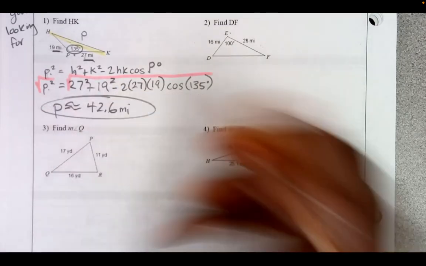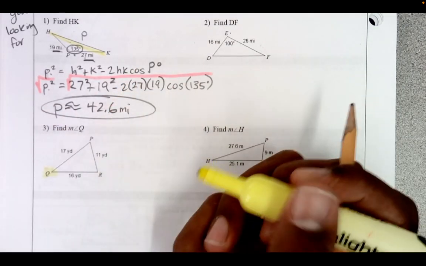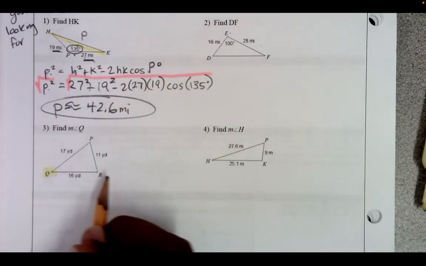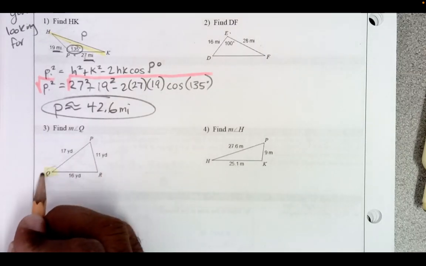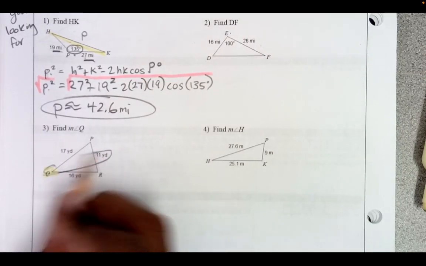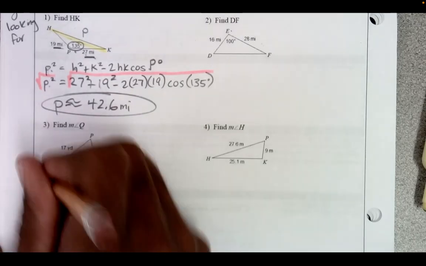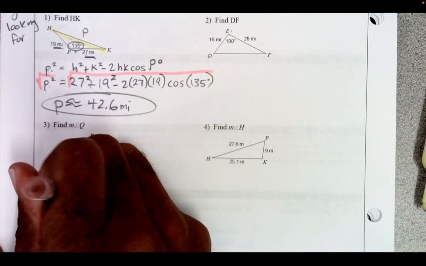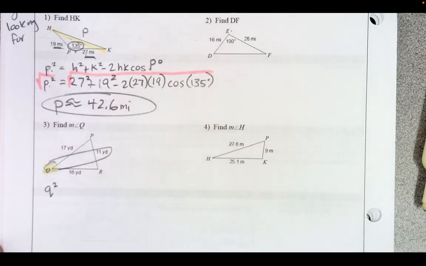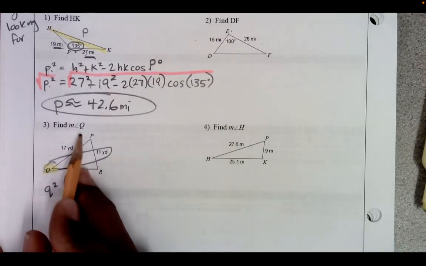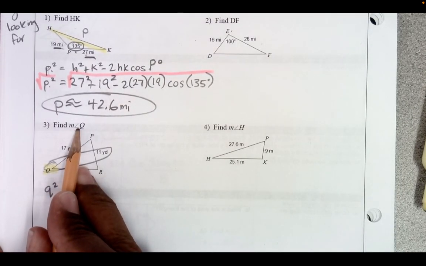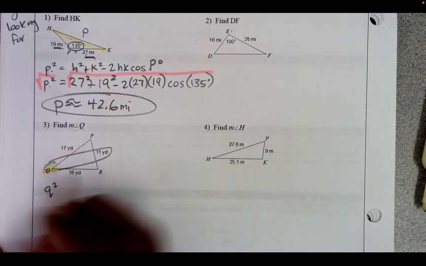Okay, so if I'm looking for angle Q, when I set this up, I set up the side that's across from Q. So basically, it's going to still be Q squared. And just a reminder, anytime you see M with that little symbol, that means angle. So find the measure of angle Q, that's what that means.